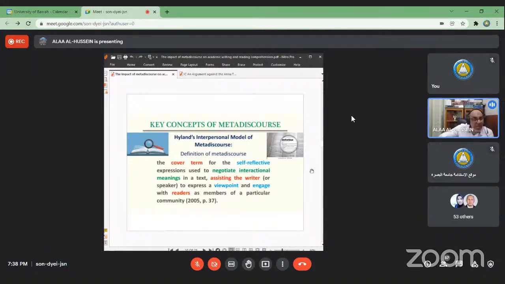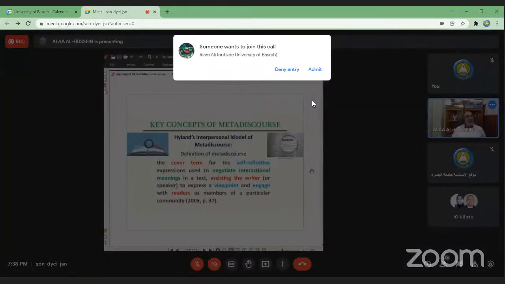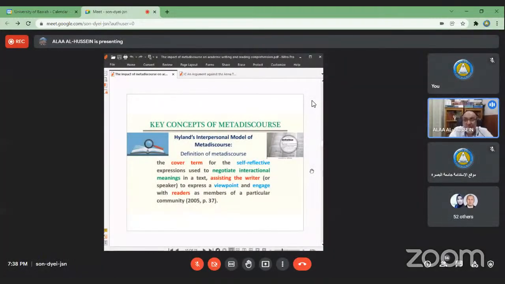facilitating understanding of the relations, of the connections of ideas, connecting the ideas, making the text more coherent and cohesive to readers. These meta discourse markers are called interactive, but they have an interpersonal function at the end of the day. Okay? So, assisting the writer or speaker to express a viewpoint and engage with readers as members of a particular community.